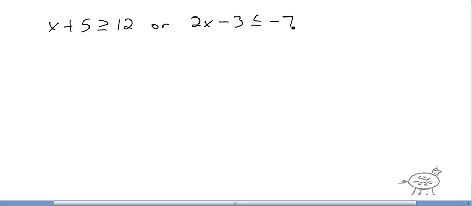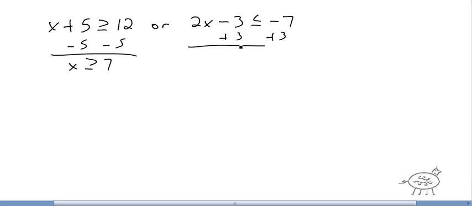So we're going to solve each one of these like normal. Subtract 5 from both sides, so x is greater than or equal to 7. And this one I'm going to add 3 to both sides. And I get 2x is less than or equal to negative 4.